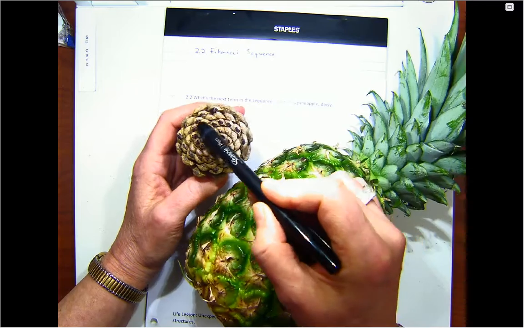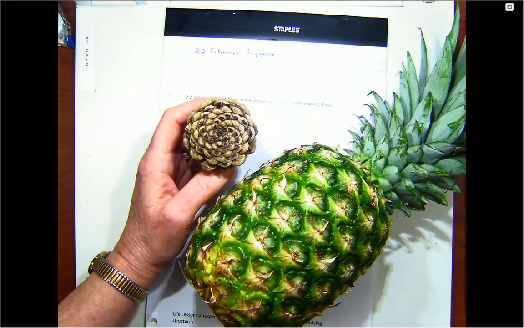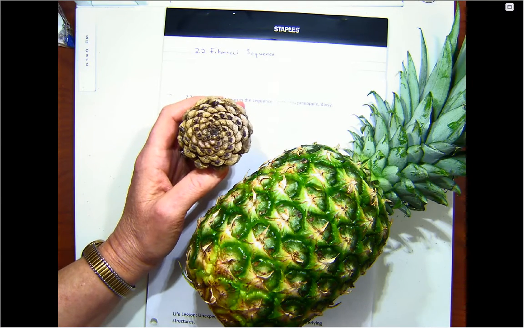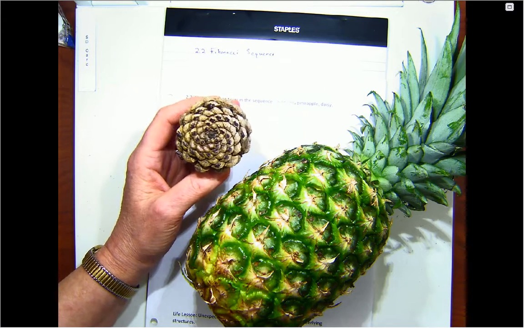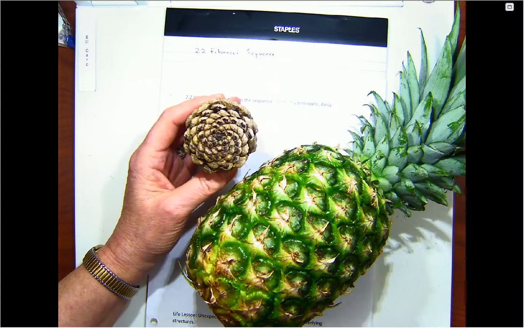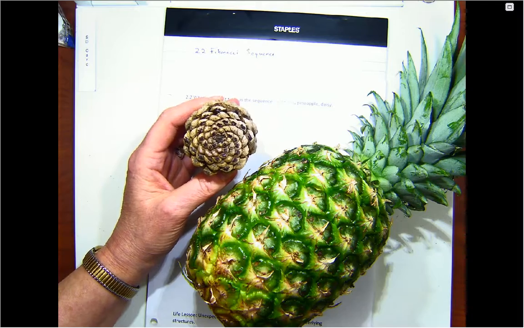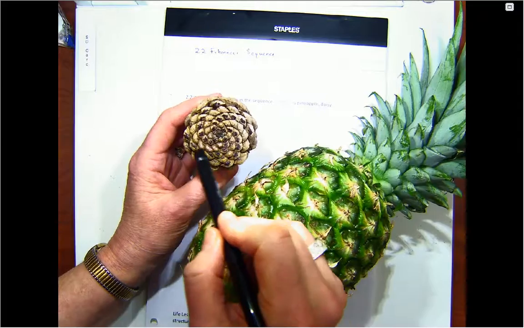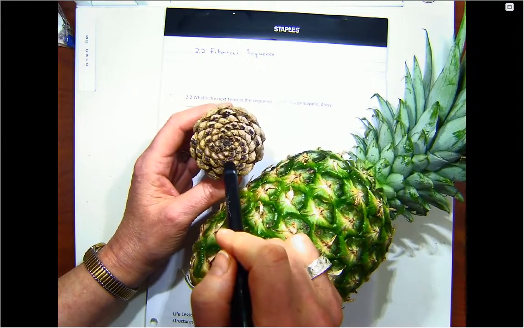Now it turns out that pineapples, unless they're malformed pineapples, should all have the same number of spirals going one way and going the other way. And pine cones also have a different number of spirals, but most of the pine cones we have here should have the same number of spirals going one way and then the other way. So I'm going to ask you to count them, okay?